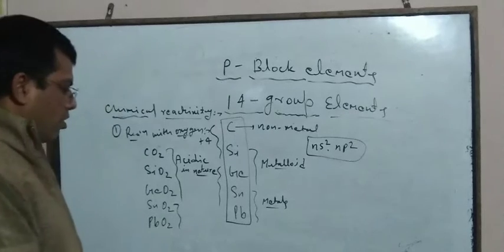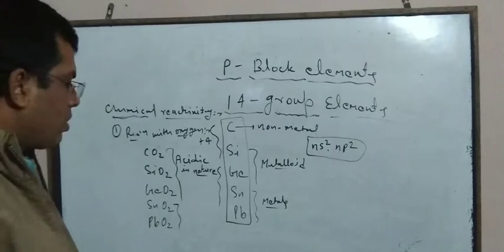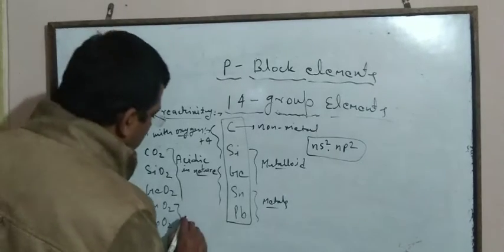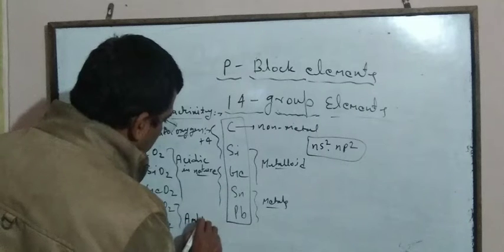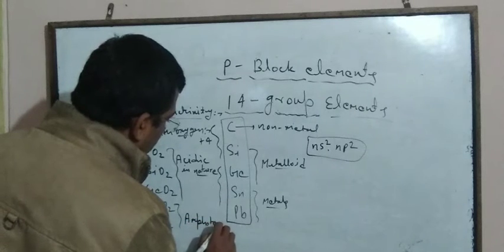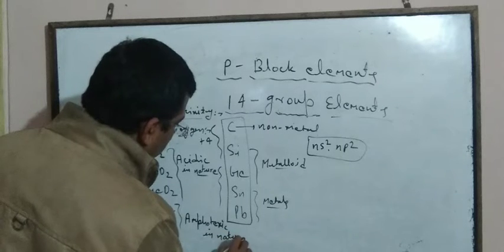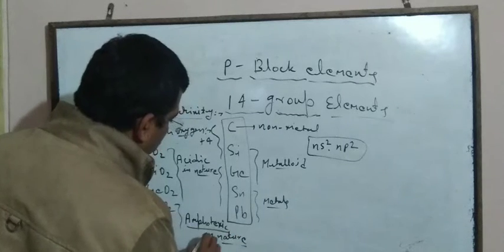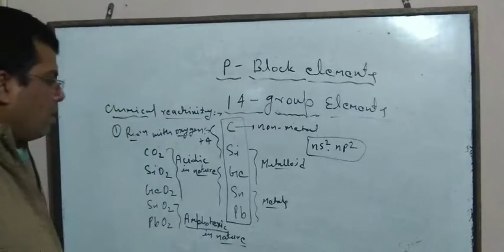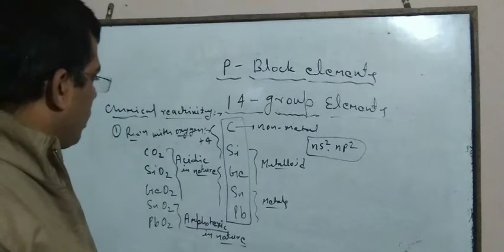Tin oxide and lead oxide are amphoteric in nature. So dear students, you should keep this in mind.